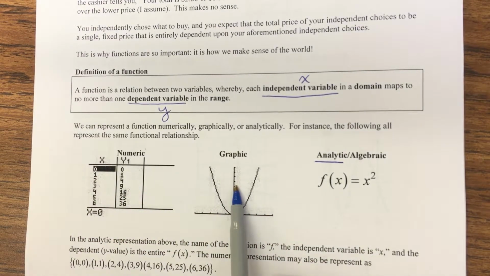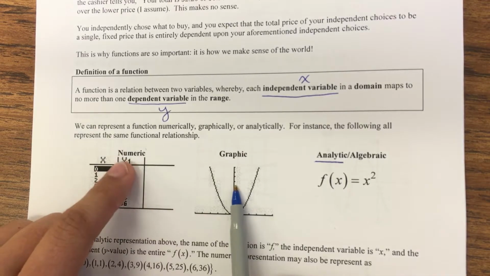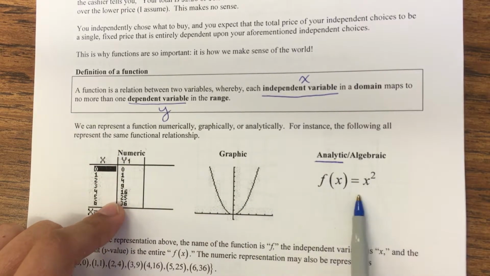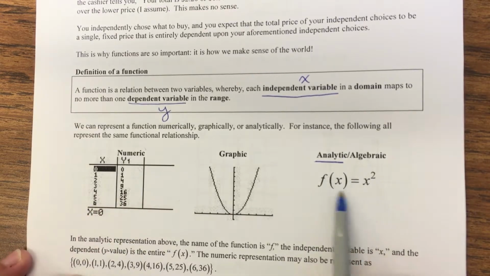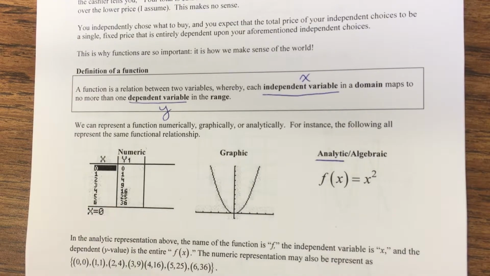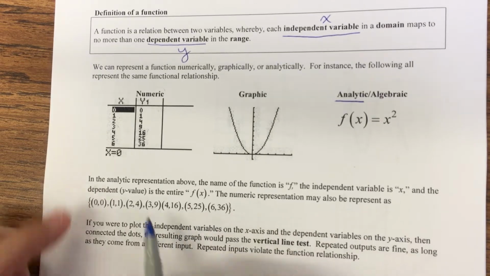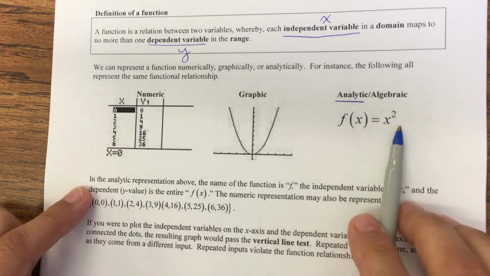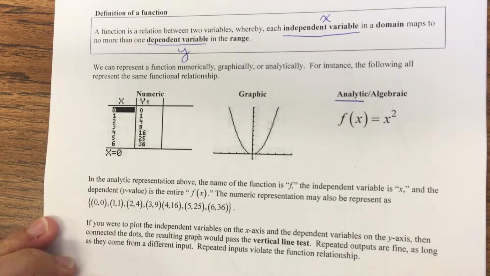I think graphically is probably pretty easy. Numerically, just remember, refers to tables and plugging in numbers. Analytically means you're going to solve for something, okay? You're going to analyze what it is, all right? If you're looking down here, they're talking about the analytic representation. The function is f, the variable is x, so this is just function notation.